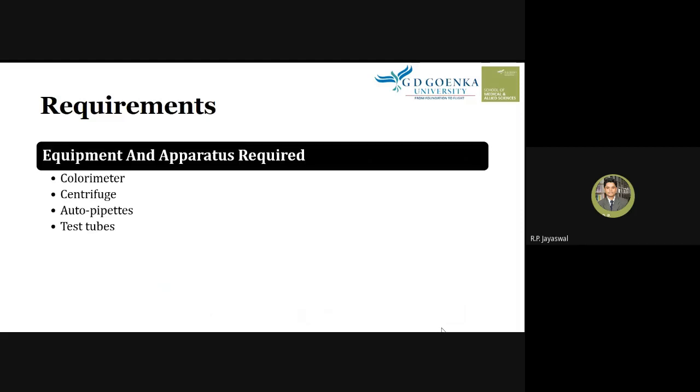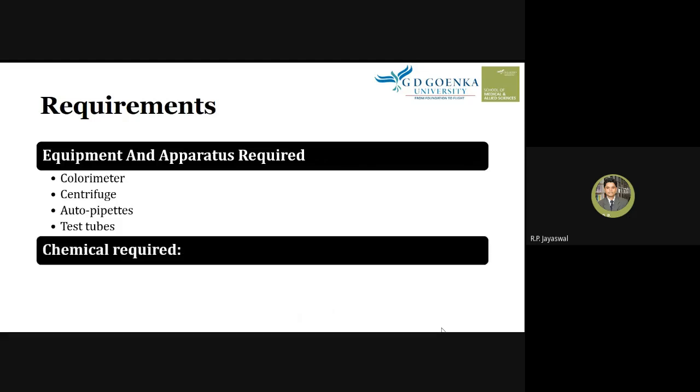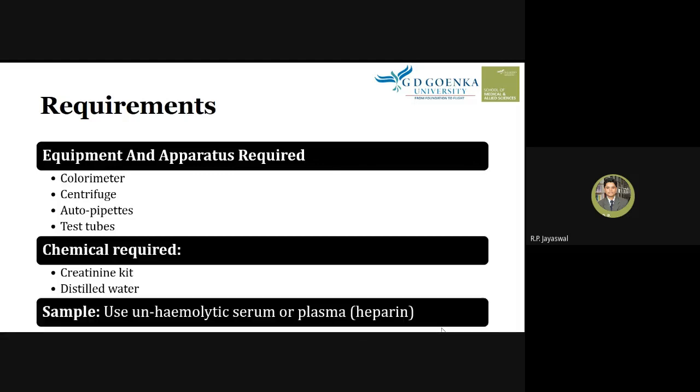Autopipettes are for measuring the volume of serum and reagents, and test tubes are for mixing the reagent and sample. The chemicals required are the creatinine kit and distilled water. These are the requirements we need to arrange, and the sample we have to arrange.